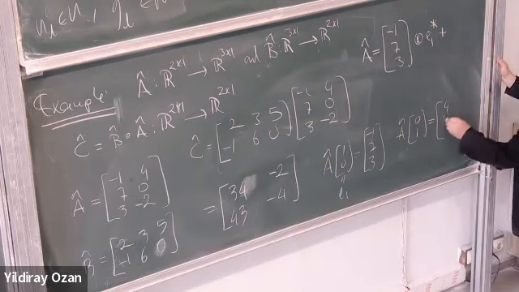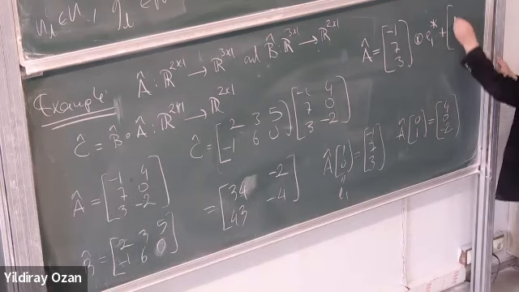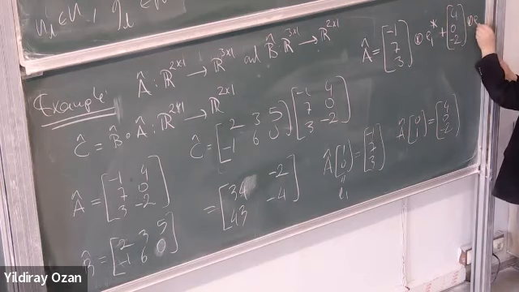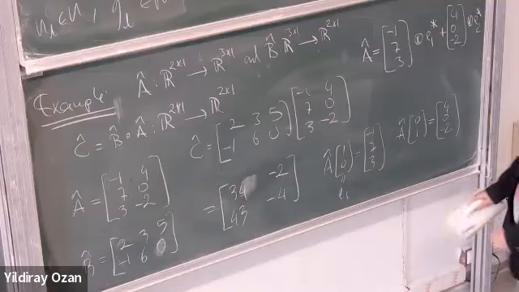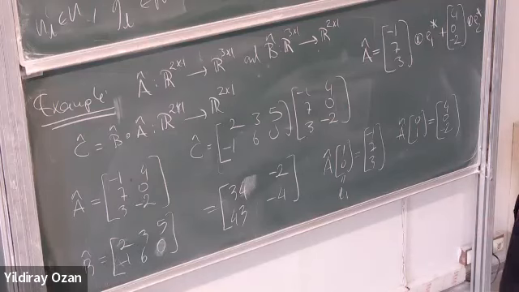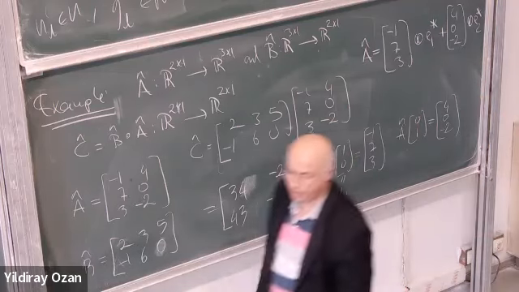Değil mi? Eksi 2, evet. 4, 0, minus 2, 3, 2, star. Right? A hat is this. Okay.